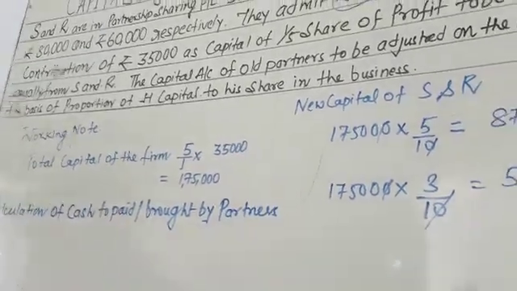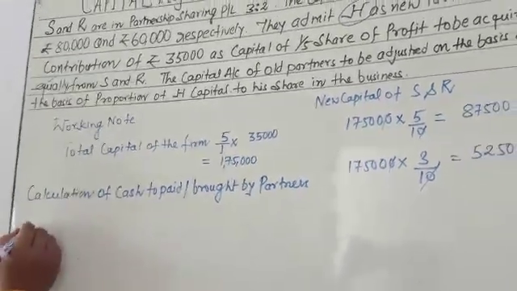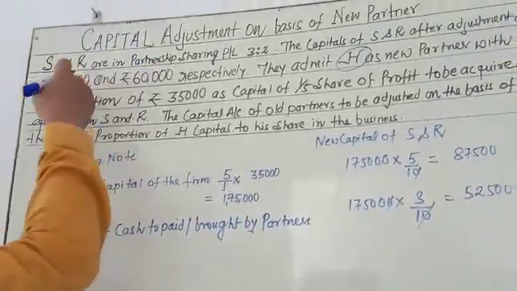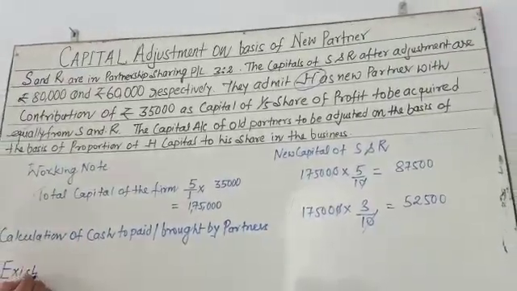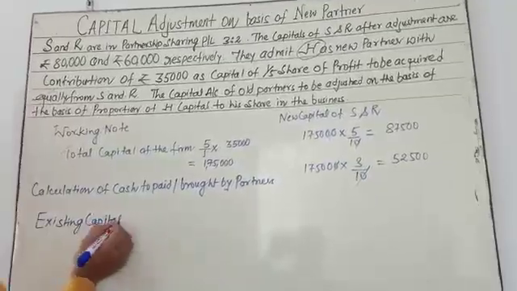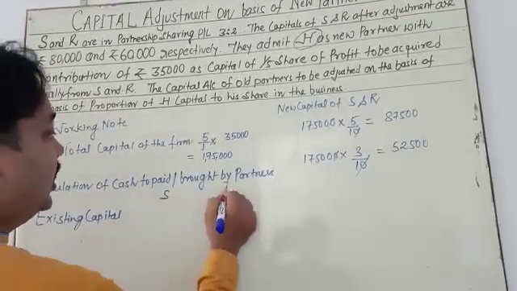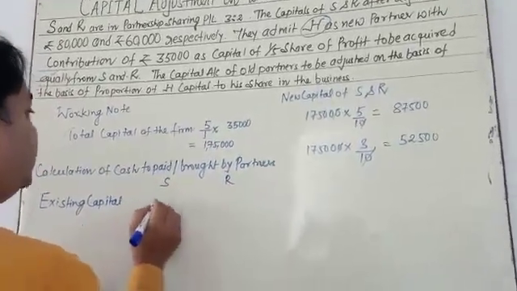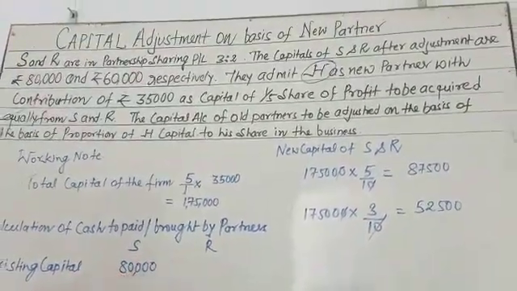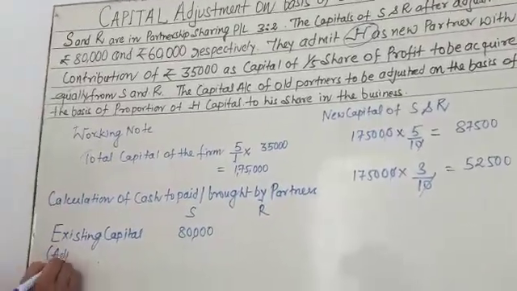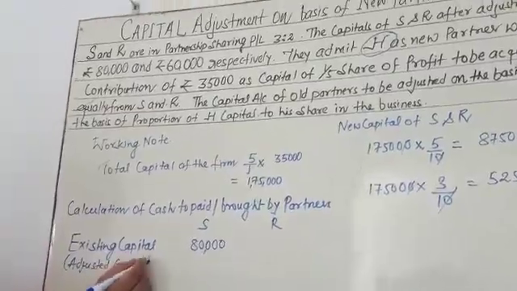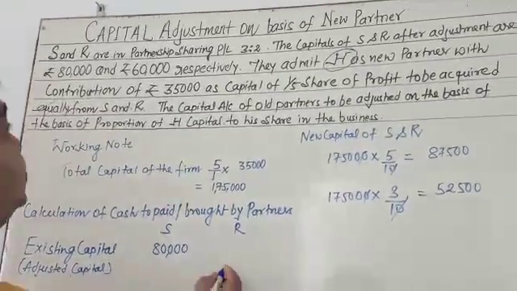In this situation, you have to write existing capital, means whatever capital is called adjusted capital. Existing capital of S is how much? 80,000, which is called adjusted capital. It is also mentioned in the question; in a long question you have to calculate it.